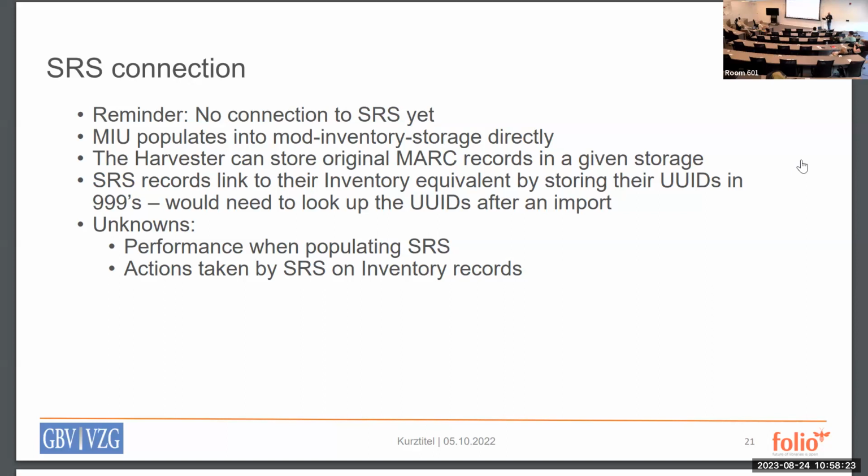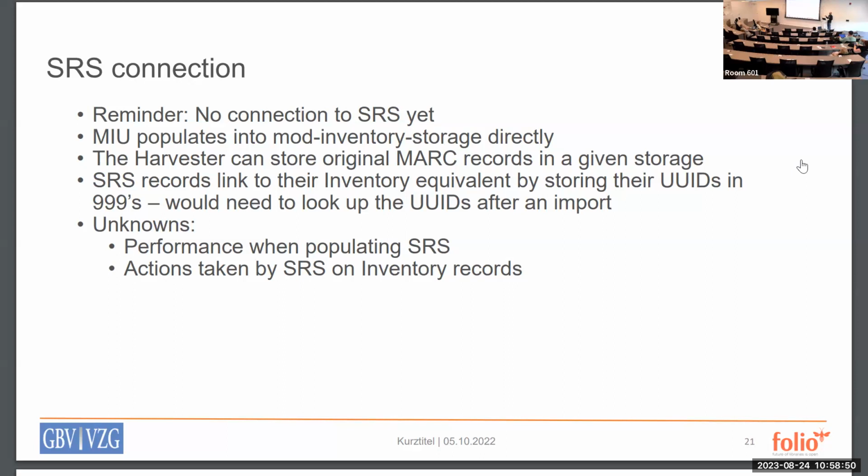But there are some caveats to it, because SRS records have a link to the instance record they have been created for, in these fake MARC fields 999. There's a subfield, I think it's $i, and there you have the UUID of the instance record. At the moment you import the data, you don't have the UUID of the instance, so you can't populate it beforehand.